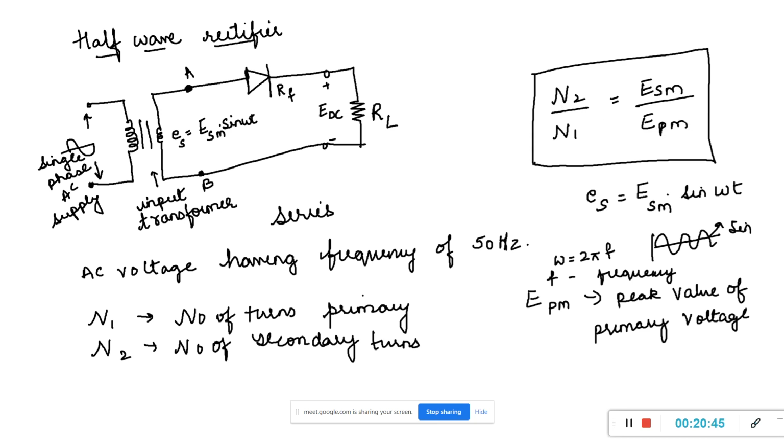Next, we have the operation of this circuit. How does it behave?